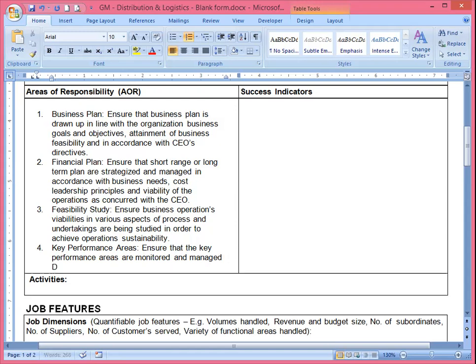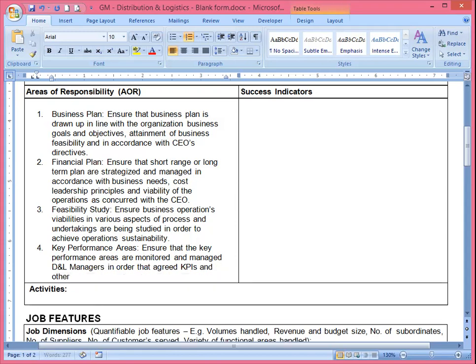DNL managers, in order that agreed KPIs and other performance measurements, maybe metrics, are met, of course.